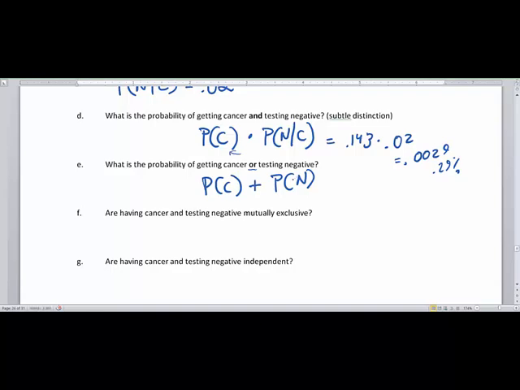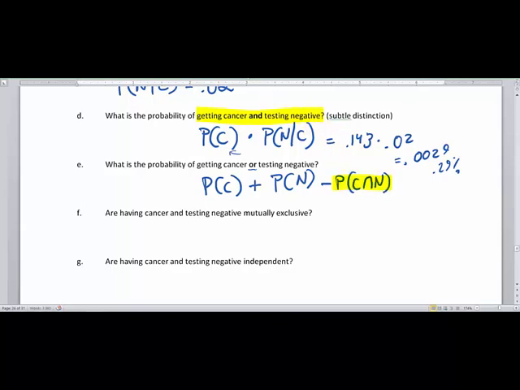Remember in the previous video, if we have non-mutually exclusive events, we have to subtract the overlap. Here's our overlap, P of C and N, which is what we found in part D. What I'm going to highlight in yellow, getting cancer and testing negative, is this right here.